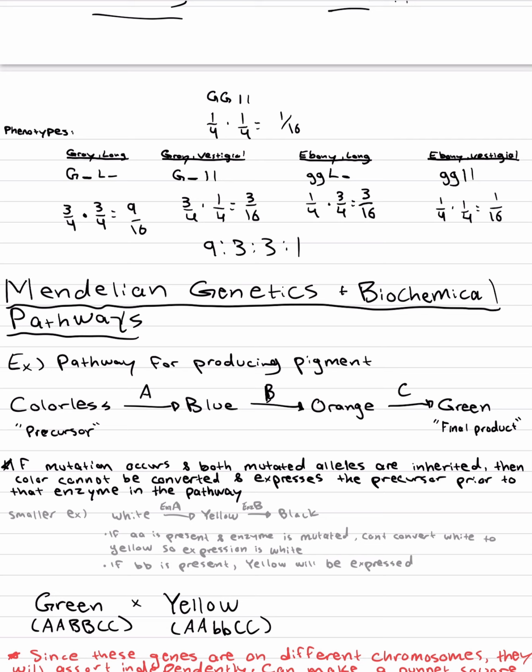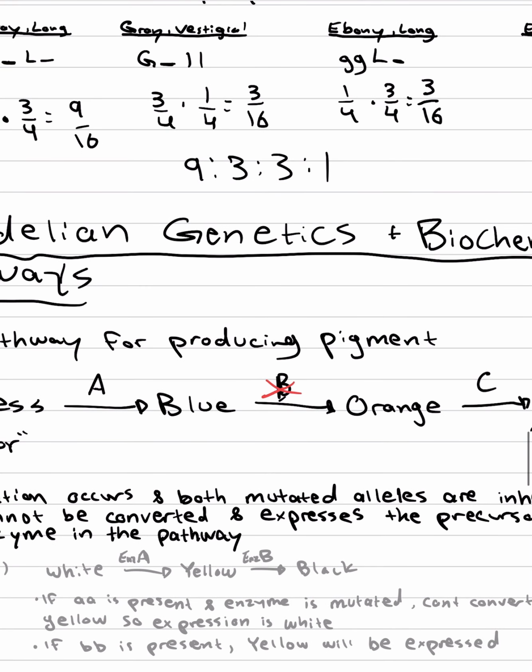So, for whatever the precursor to that mutation was, that will be expressed. So if the precursor to the mutation of enzyme B is blue, and we were to inherit two of these alleles with this same mutation, then the color that the offspring would have is blue.